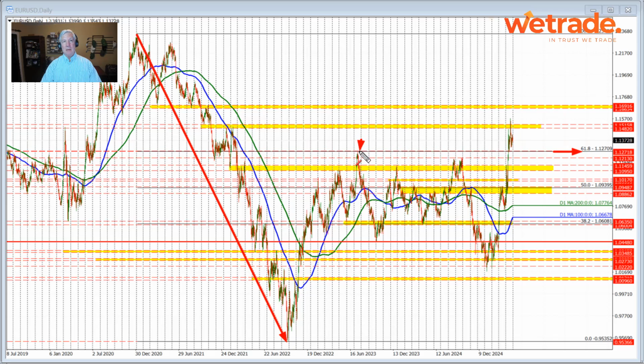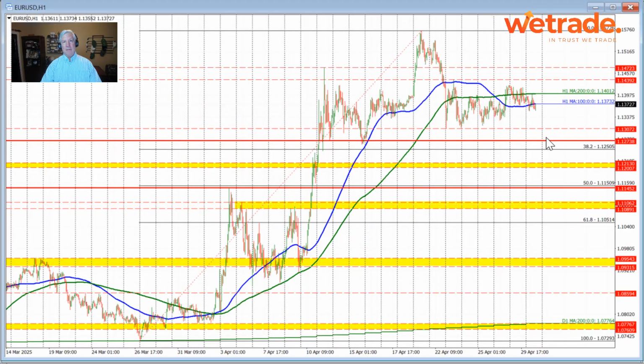We also know that the high price from 2023 comes in at 1.1271, so 71 to 75 is that support target on the downside. I have it earmarked by a line cut across near the 73, 74 type level, just as a reminder, and below that we have the 38.2% retracement. So that's a progression to the downside if this momentum is going to continue below the 100-hour moving average.